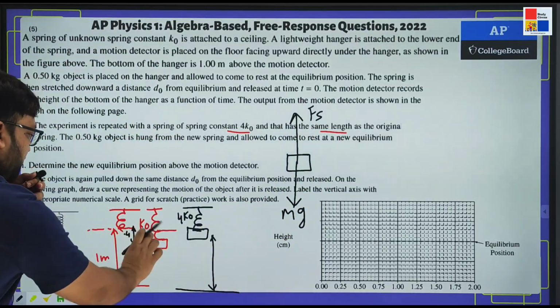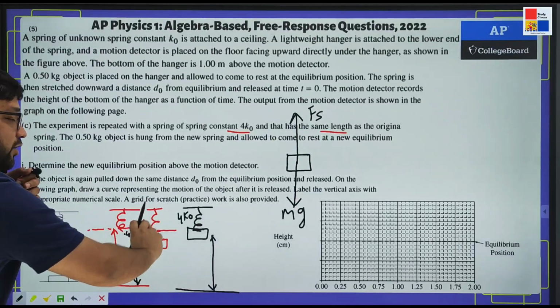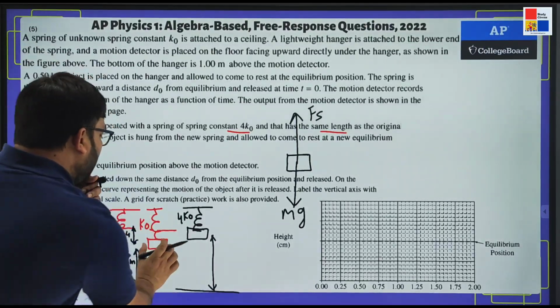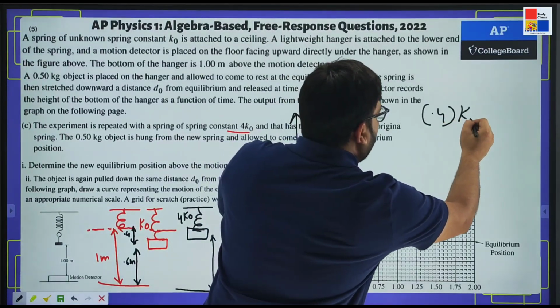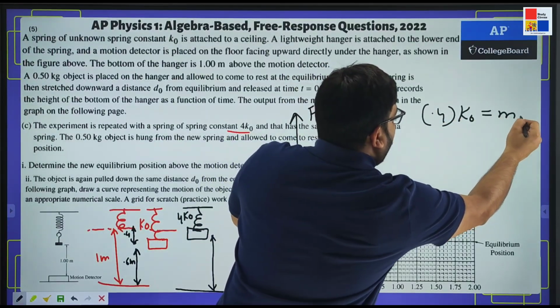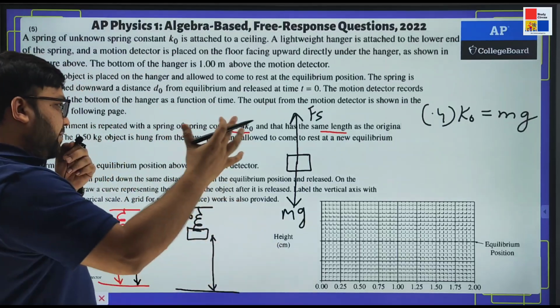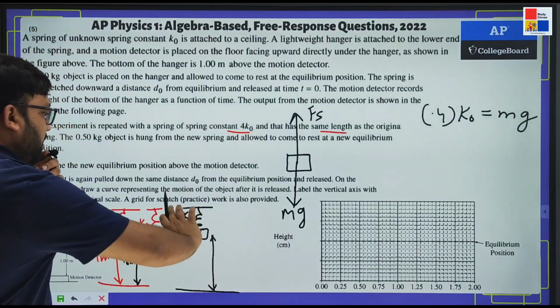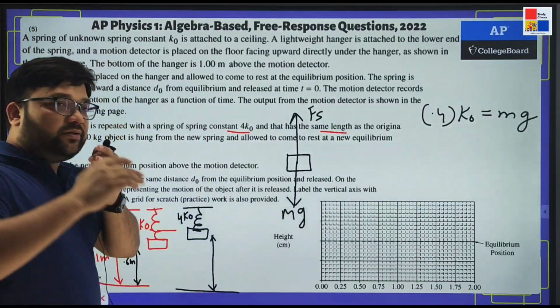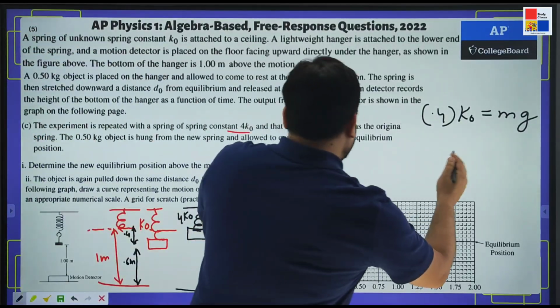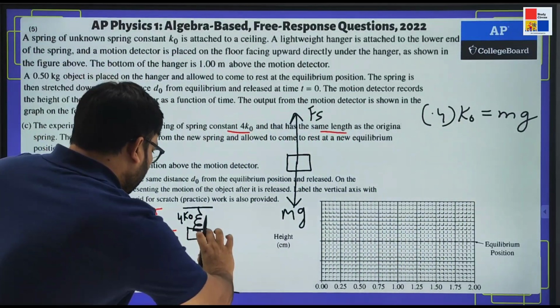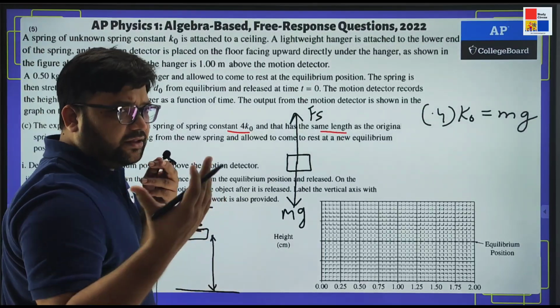Initially, the elongation in the spring was 0.4 meters to balance the weight. That means 0.4 times K naught is the weight of the object. Weight is mg. Now we have to find the elongation for the new spring. Let's say the elongation is x naught.